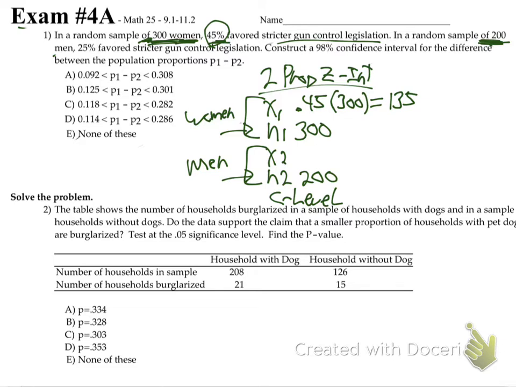And then of the 200 men, 25%. So 25% times 200 men, that's 50. So now put these numbers into your calculator for X1, N1 and X2, N2.